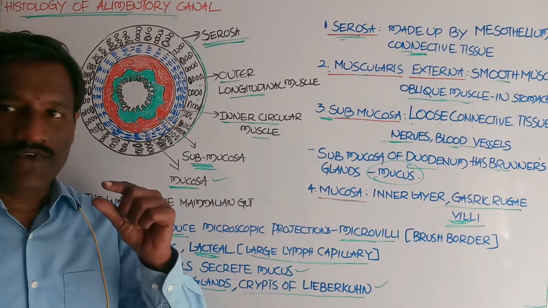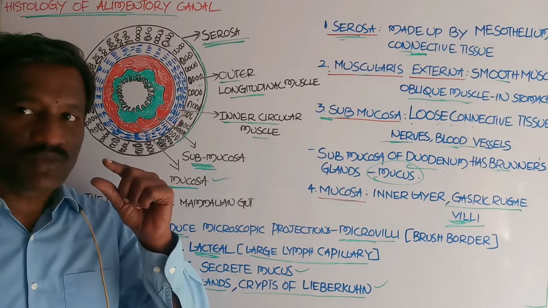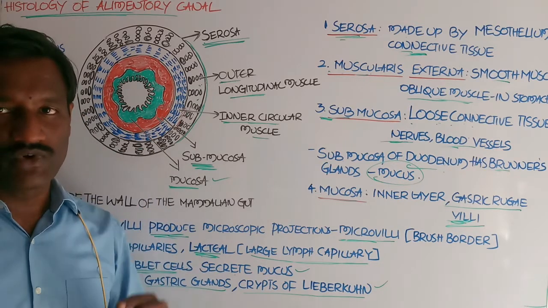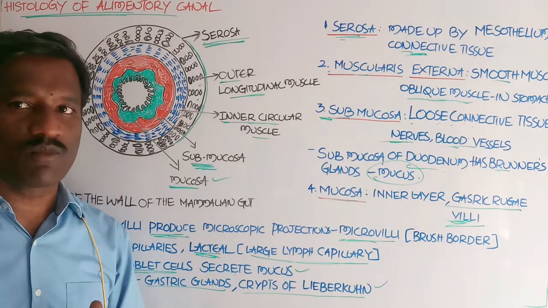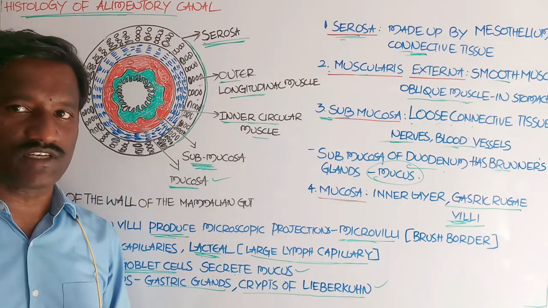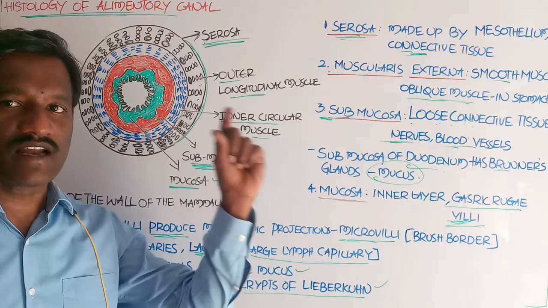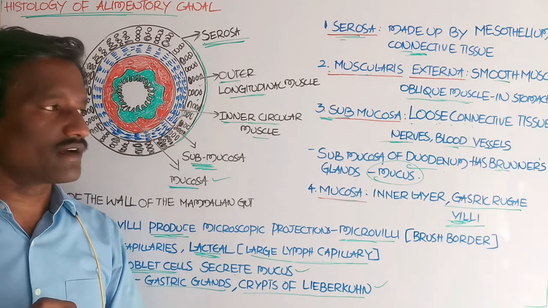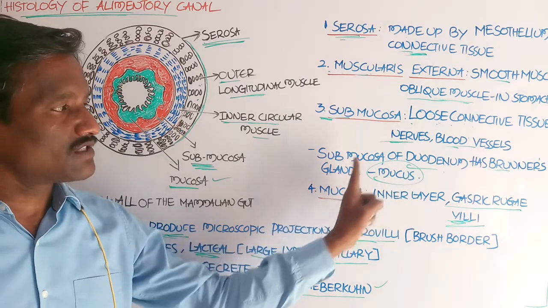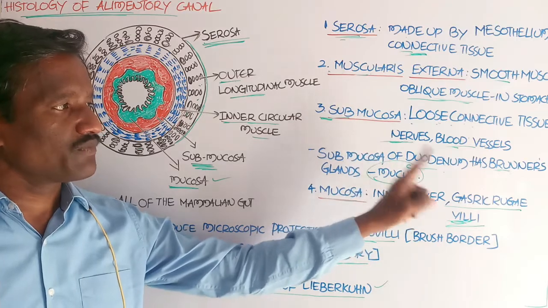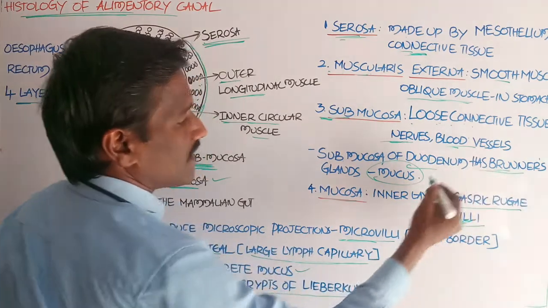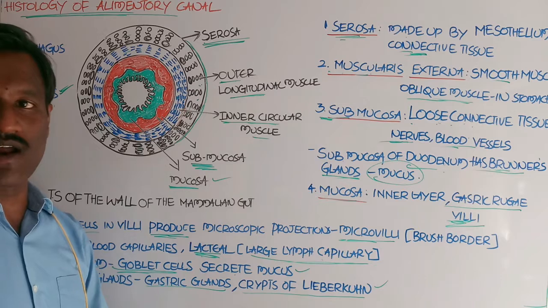If you observe the submucosa of the duodenum, the first part of the small intestine, a C-shaped structure, which is also connected with the pancreas and the liver by the hepatopancreatic duct, it has Brunner glands.